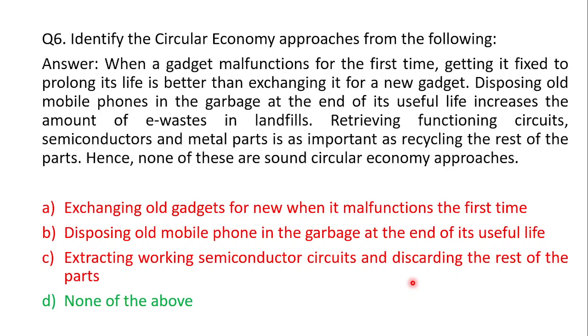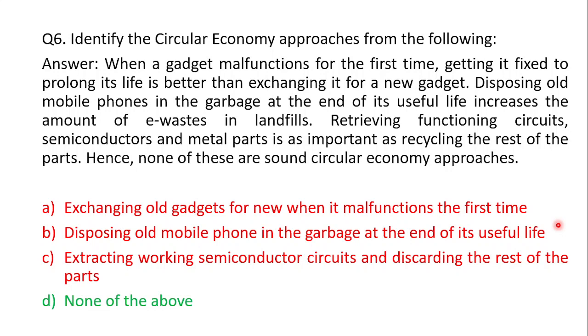Number six, identify the circular economy approaches from the following. Let's look at it one by one. Exchanging old gadgets for new when it malfunctions the first time. If you're buying a mobile and let's say within 2 months there is some issue with it, you'll go to the service technician or the mobile phone shop and get it repaired.